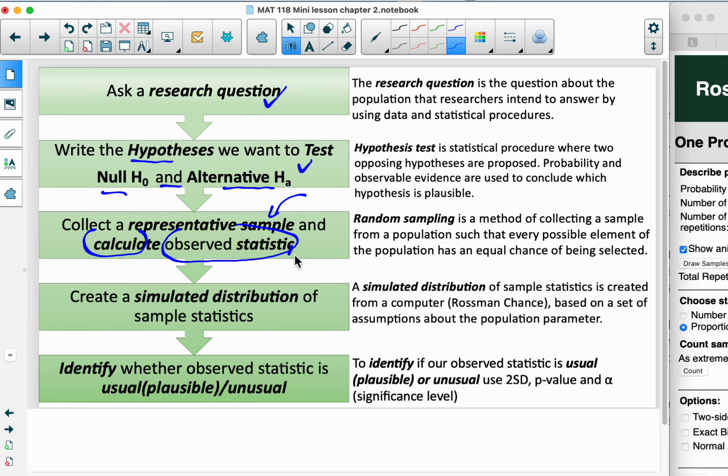That statistic could be x-bar or p-hat. Then, based on mu or pi, we create a simulated distribution. This is in our Rossman Chance applet. We do this so that we can compare our observed statistic to what it would look like, assuming that our population parameter is true.